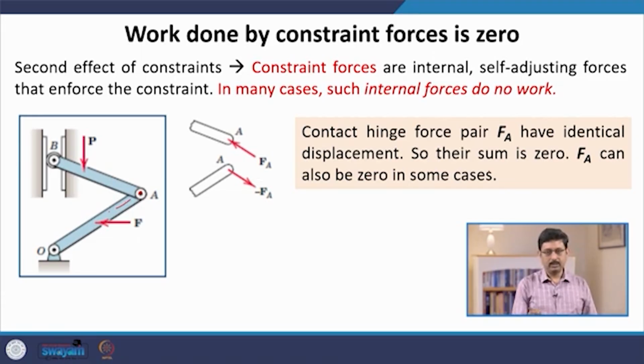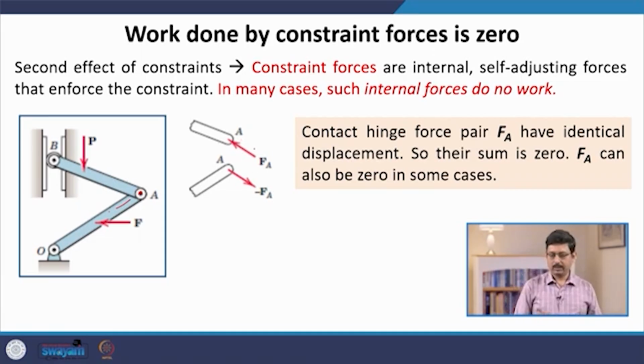Because of the way they are moving, this force direction is shown in this figure, and the constraint is such that they must have identical displacement, because this is the point A.